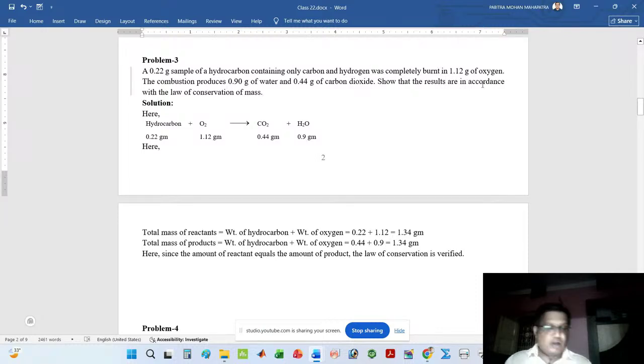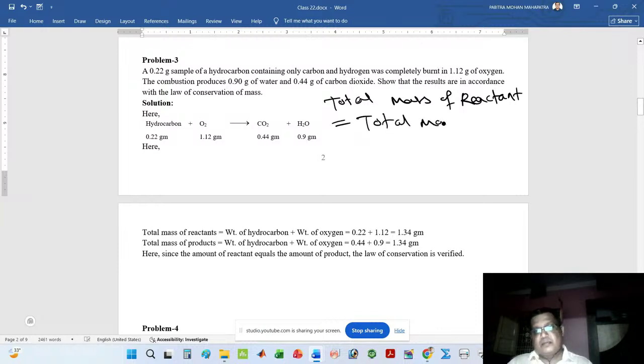For proving the law of conservation of mass, you need the total mass of the reactants to be equal to the total mass of the products. If I prove that the total mass of the reactants is equal to the total mass of the products, then finally we can write: since the total mass of the reactants is equal to the total mass of the products, the law of conservation of mass is verified.